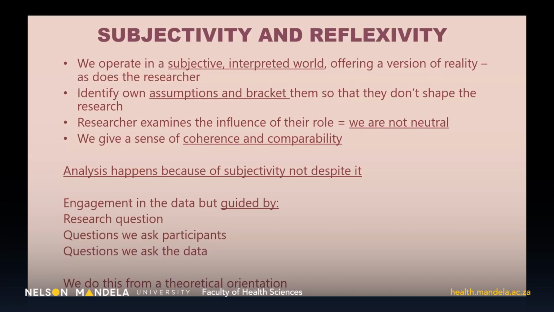Okay, so what is really important here is the word subjectivity. Right? We operate in a subjective, interpreted world. In qualitative analysis, there is no objective, right? There is no one truth that we are getting to.